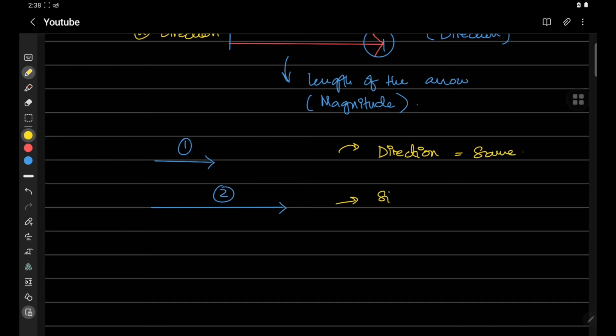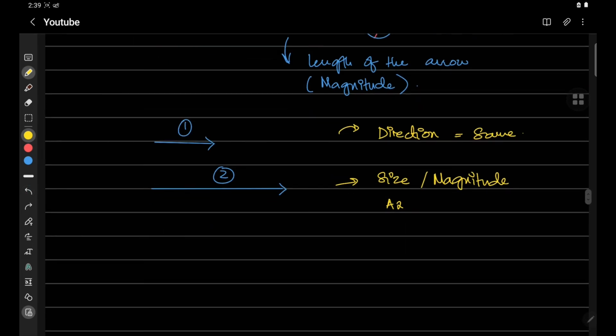However, if we talk about the size or the magnitude, you can tell that arrow 2 is greater than arrow 1.